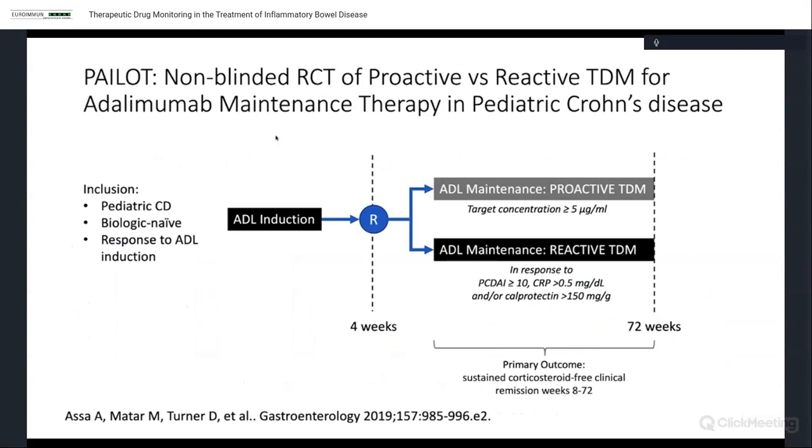The third and last example of a randomized controlled trial for proactive TDM I'd like to share is the PILOT trial. Now, this was an importantly non-blinded randomized controlled trial of proactive versus reactive TDM for adalimumab maintenance therapy in pediatric Crohn's disease.